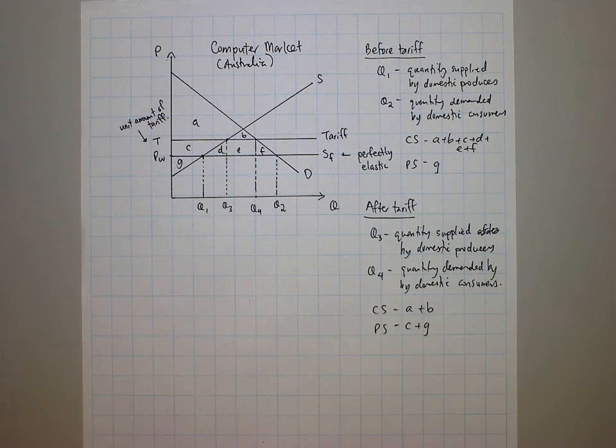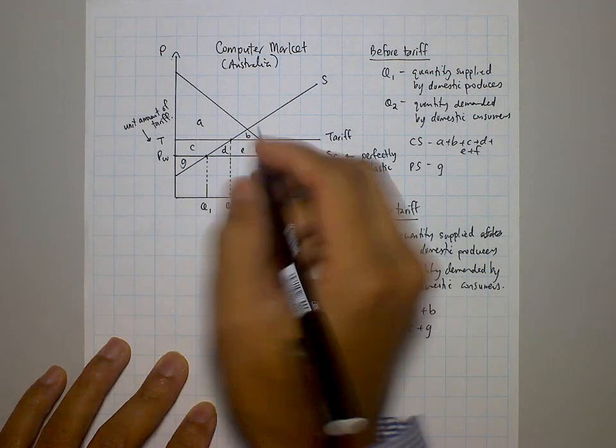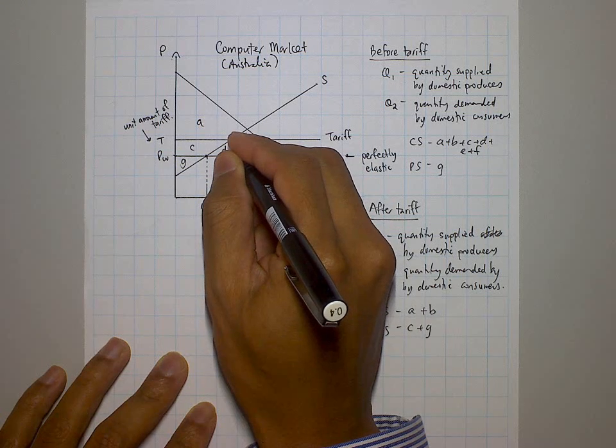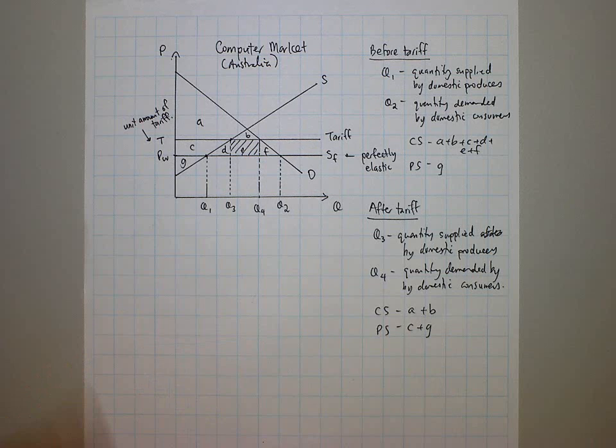So now you realize, hey, wait a second, there are some areas which have not been accounted for. I will tell you what they are. So E is the government revenue derived from the tariff. The reason for that is, if you want to think of this area as a rectangle, which it is, and you want to calculate the area of the rectangle, you know from year 7 maths that it's length times width, or whatever combination that you have learnt.